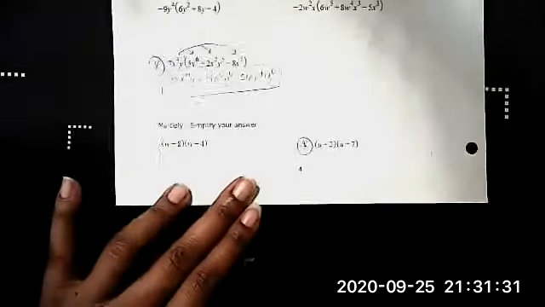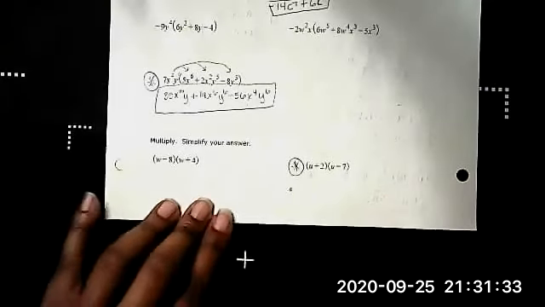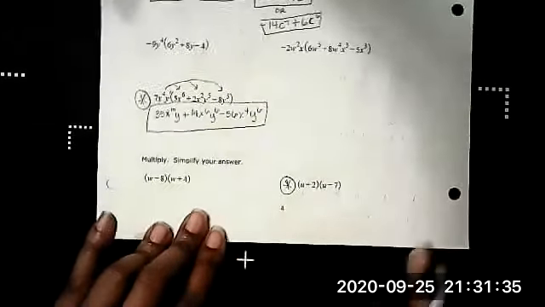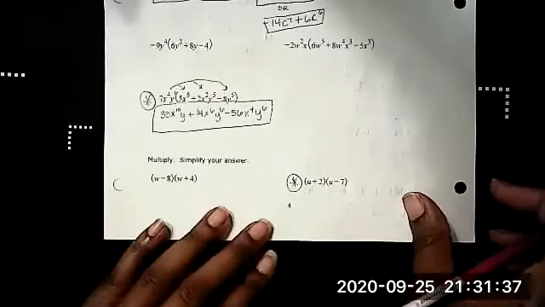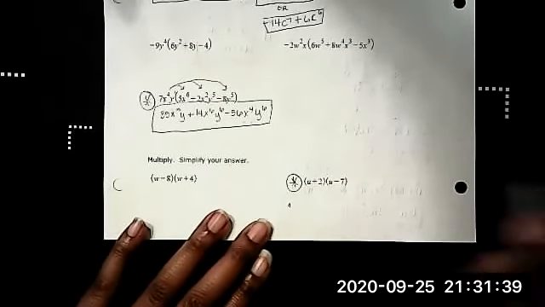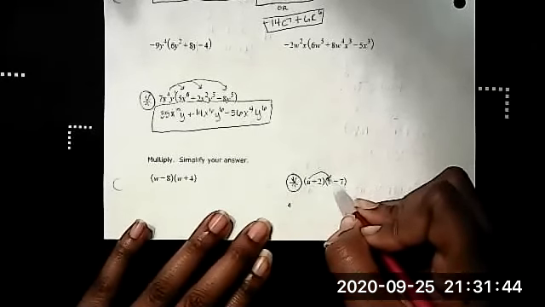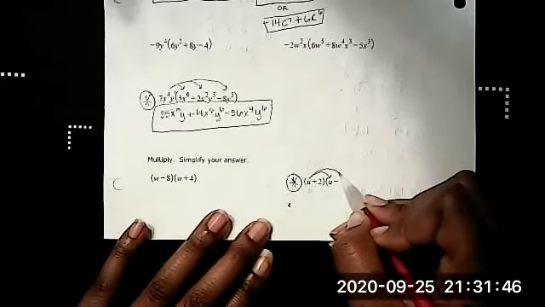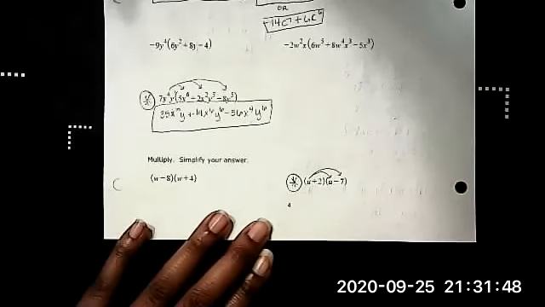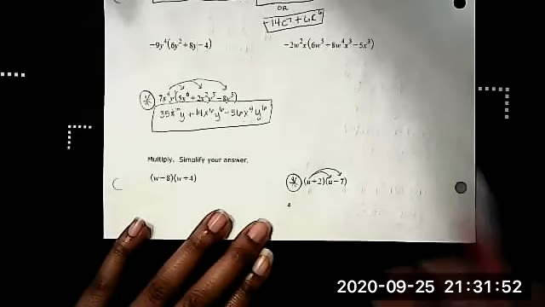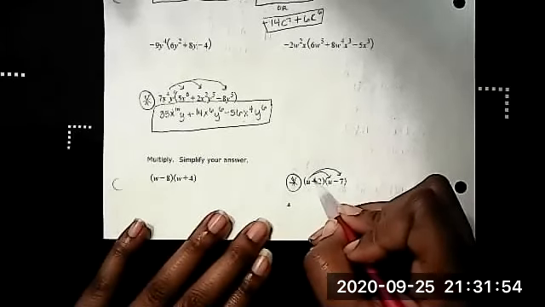This one says multiply and simplify your answers. All you're going to be doing here is called FOIL. You're going to be multiplying u times u, times negative 7. Please remember, if there's a minus in between, that means that second number is negative. In this case, this is a plus, believe it or not.